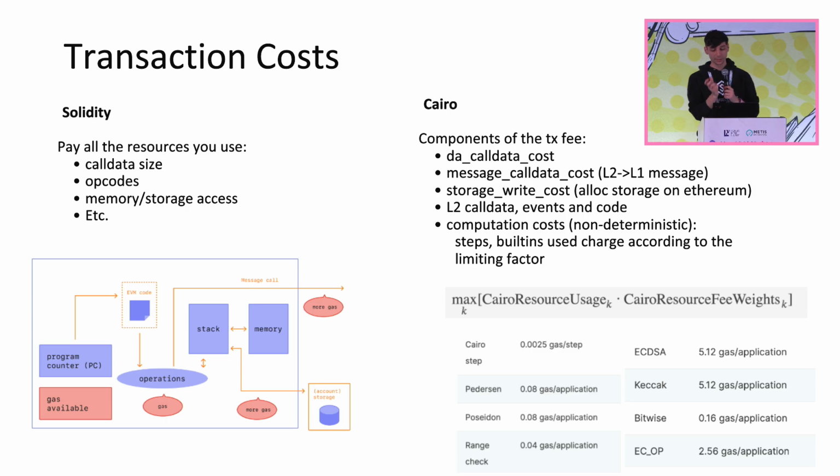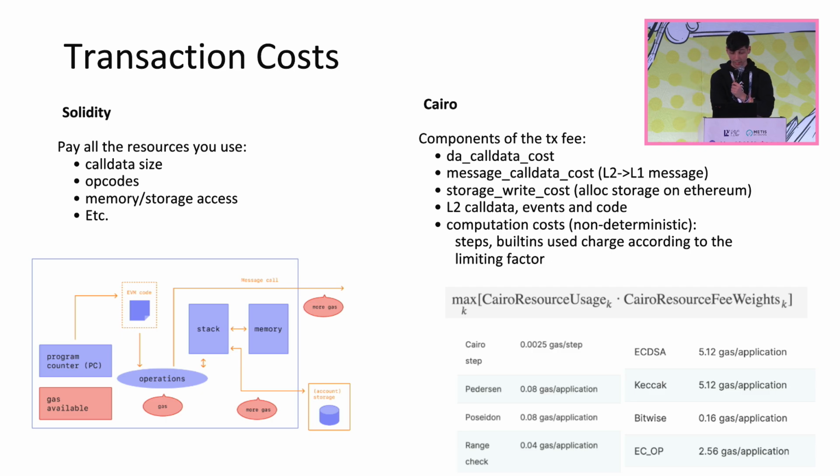On Cairo, you have multiple components. You have the DA call data cost, which is the fee to push the state diffs to L1. It is a lower cost if you use blobs, of course, but if you use call data, it will be more expensive. Then there's the message call data cost if you want to send a message from L2 to L1, L2 being StarkNet in this case.